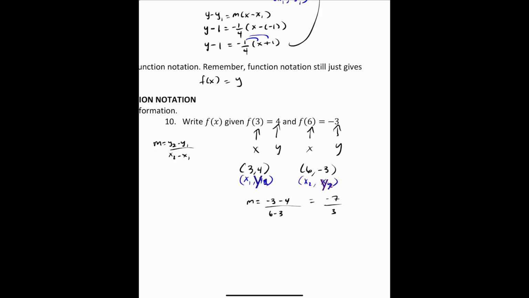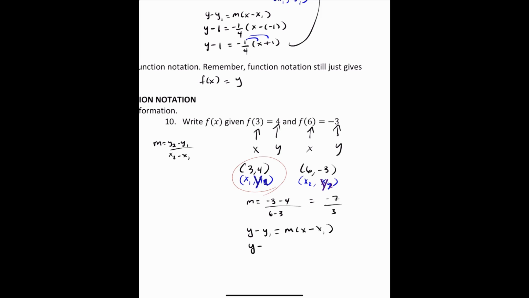So I'm going to pick a point because I need a point and a slope to get all of this in point slope form. I'm going to go ahead and choose this first point over here. And I have y minus y1 equals m times the quantity of x minus x1.